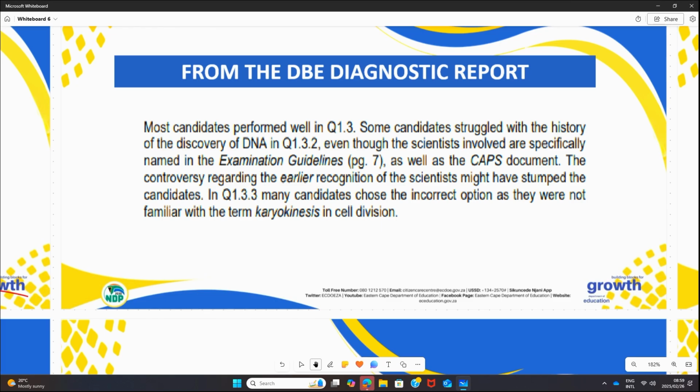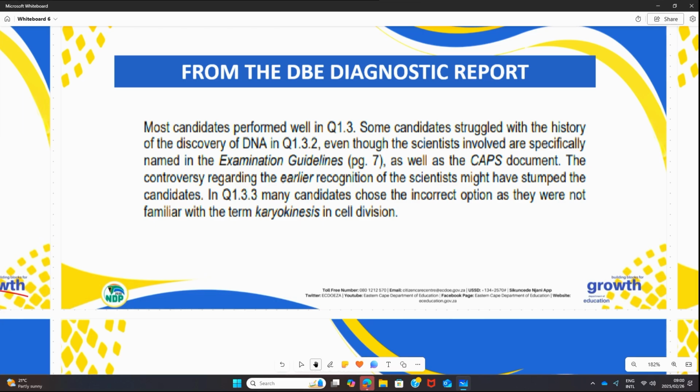So the candidates are required to know who did what and what they did collectively as these scientists, because the question can come asking for what Watson and Crick did, what Franklin and Wilkins did, or what they all did. They all discovered the DNA molecule, but they did different things in the discovery.